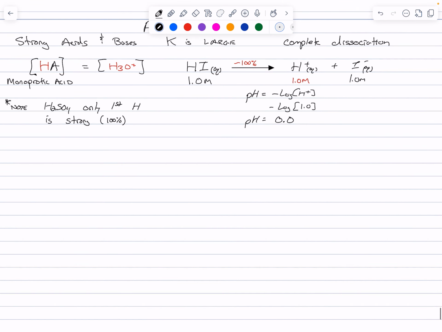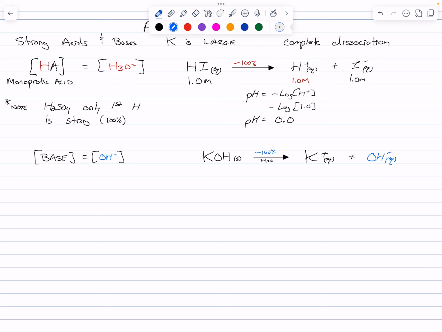Now, for bases, the concentration of base for strong bases equals your concentration of hydroxide. So, for example, if I had KOH, and let's say we put solid KOH into water, H2O, and we're about 100%, to K plus and hydroxide.